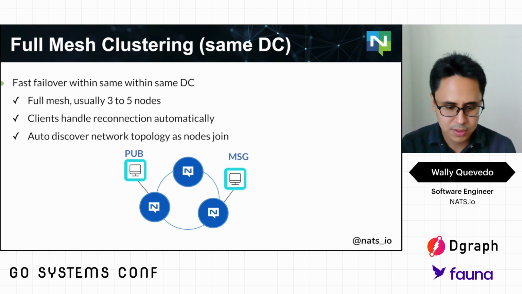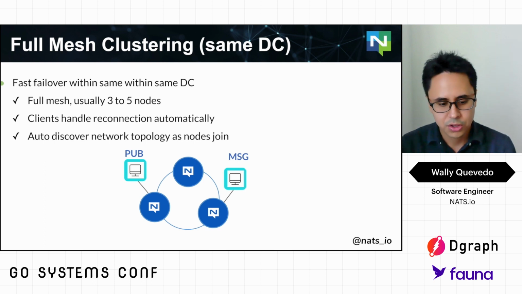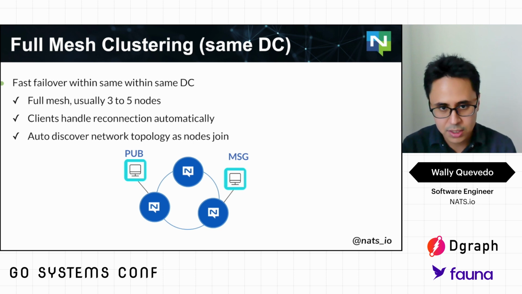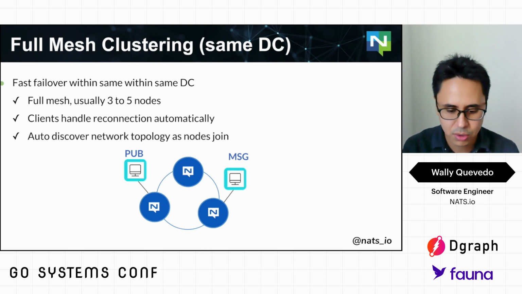And what is also very cool is that using the info protocol, you can have the discovery of the network topology as clients are joining and going. So a client connected to the same cluster only needs to be aware of at least one of the other servers to be able to message and interact with any other of the clients that are connected in the cluster.